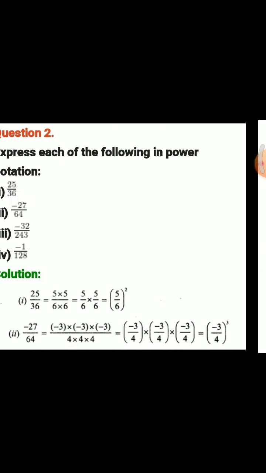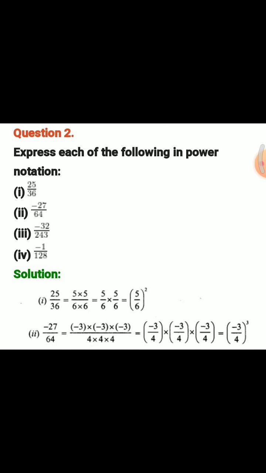Now question number 2 is: express each of the following in power notation. 25 by 36. So 25 is the square of 5, okay, so 5 multiple 5, and 36 is the square of 6, 6 multiple 6. So 5 by 6 multiple 5 by 6, the base is 5 by 6 power 2.